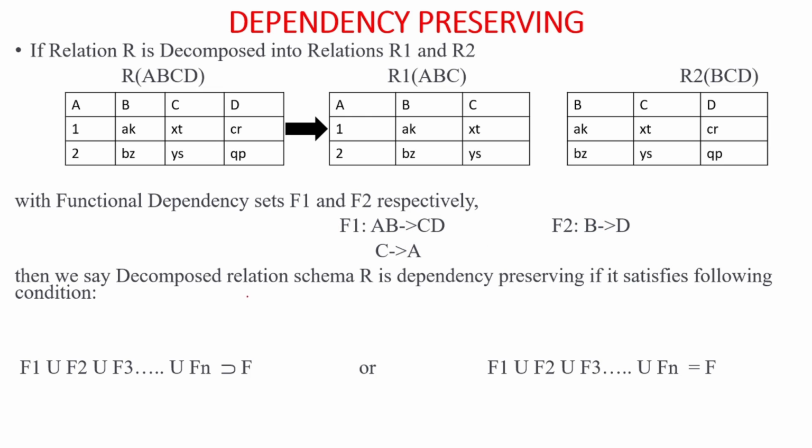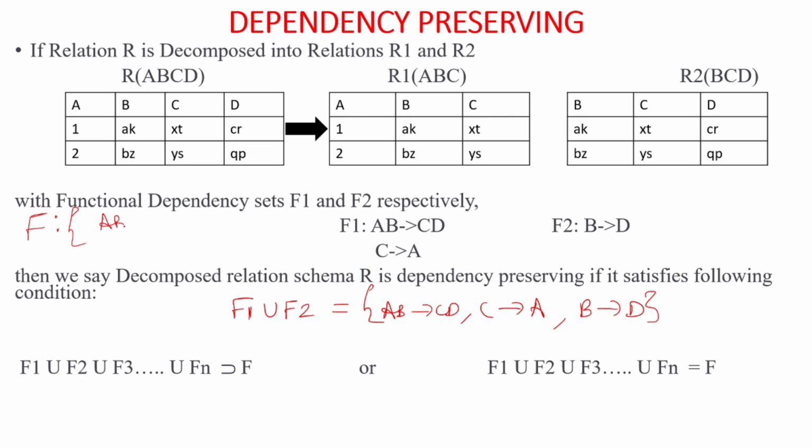So if I do F1 union F2, F1 is AB tends to CD, comma, C tends to A, and F2 is B tends to D. So this is F1 union F2. If you check the original set F, it had the same three functional dependencies.